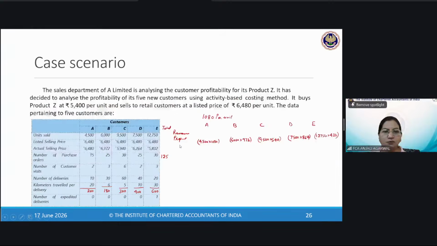Now you know how to apply this to A, B, C, D, E. 36 into 15 will go for A. Into 25 will go for B. 1,080 for C. 900 again for D and 1,080 for E. Right?